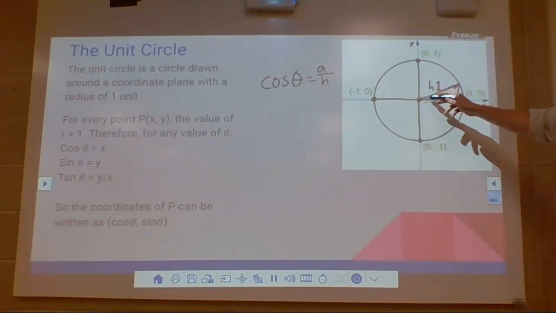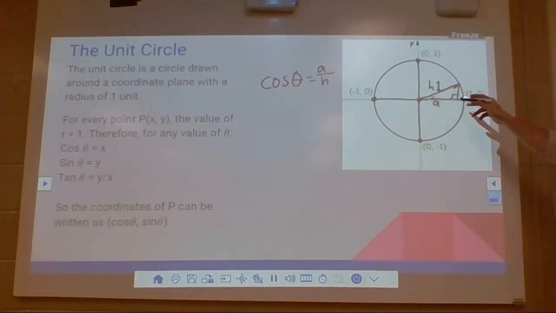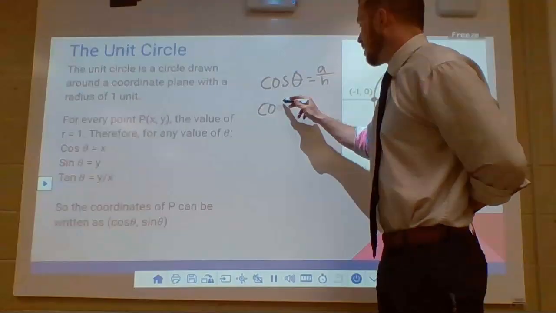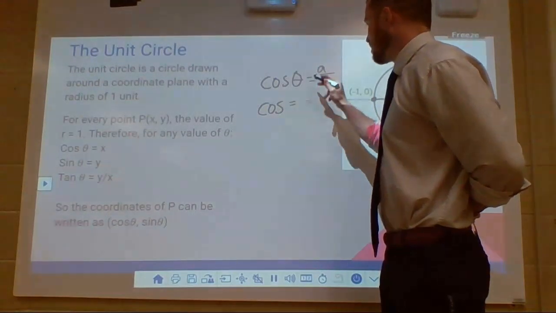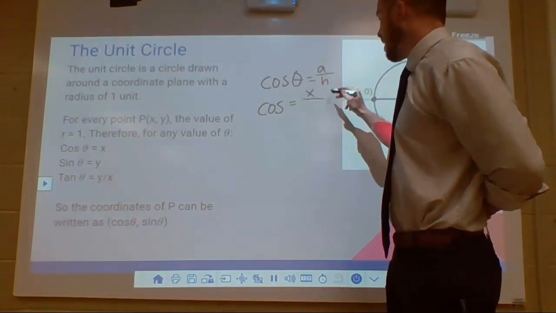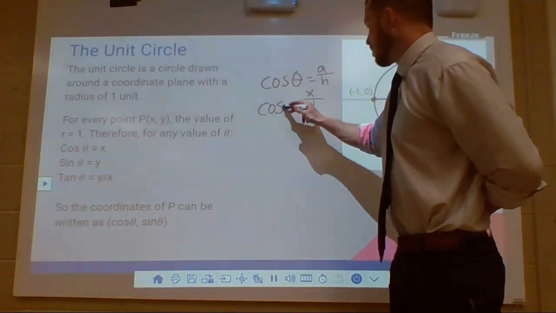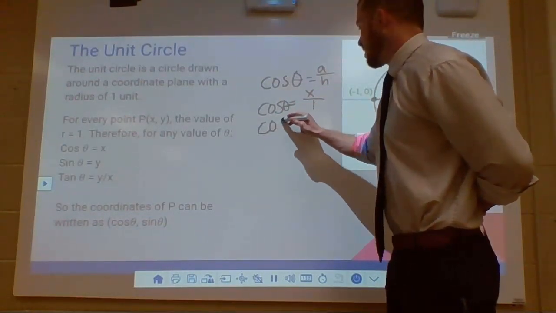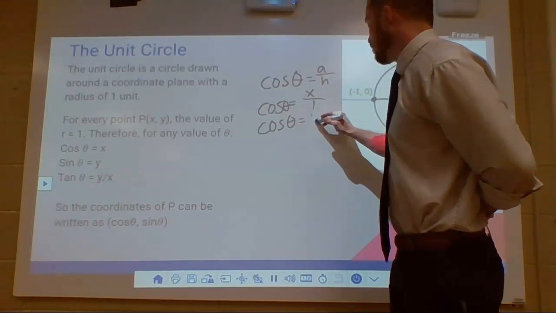And this adjacent side is the x value, right? So you can see that the adjacent side is the x value here. And so we're going to say the cosine is the adjacent side is always the x value, and the hypotenuse is always going to be 1. So the cosine of theta is x divided by 1.